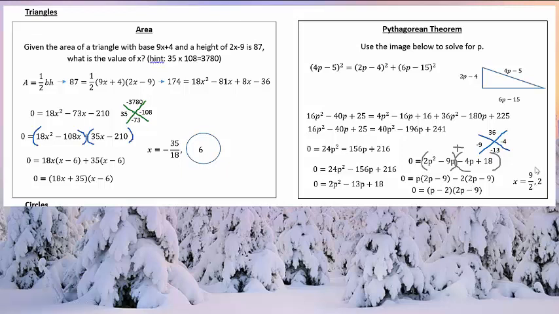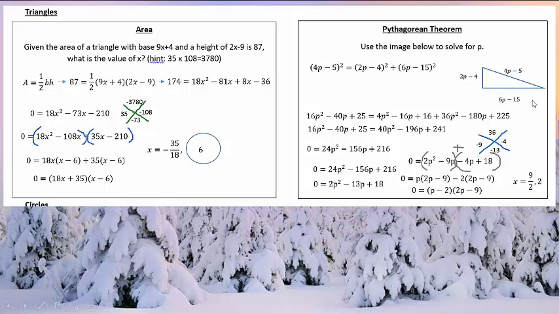Now, a lot of kids go ahead and circle that thinking, oh, I got a positive number, that's great. A positive number for x does not necessarily mean you get a positive side length. The only way you're going to know if these answers are safe is if you plug each one in to each side and make sure that it works out. So if we do 2 times 9 halves and we subtract 4, that's going to be a positive number.